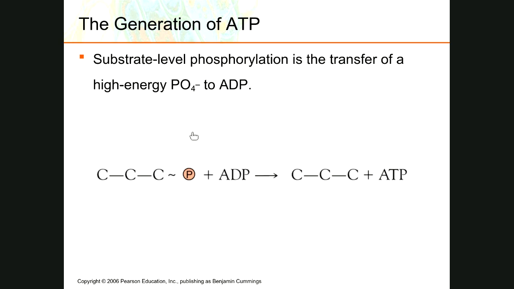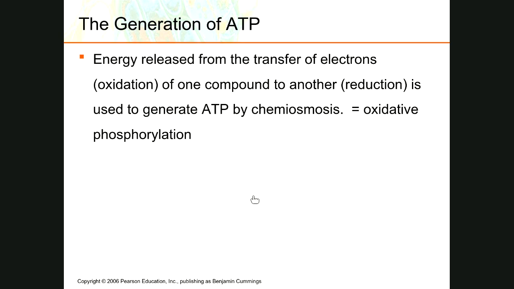So substrate level phosphorylation can make a little bit of ATP, but that's it. Most cells make most of their energy with the process of electron transport and chemiosmosis, which we are going to review. And so that ATP is made by oxidative phosphorylation. So using an electron transport chain and chemiosmosis results in the formation of ATP through oxidative phosphorylation.